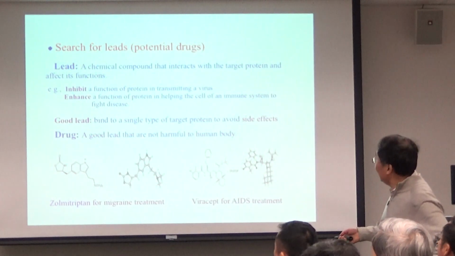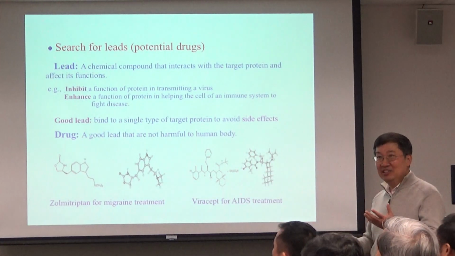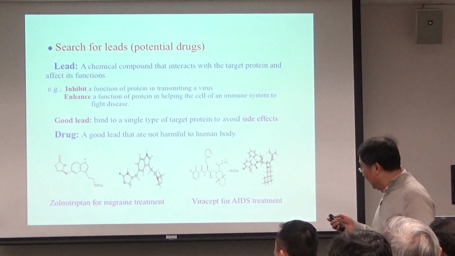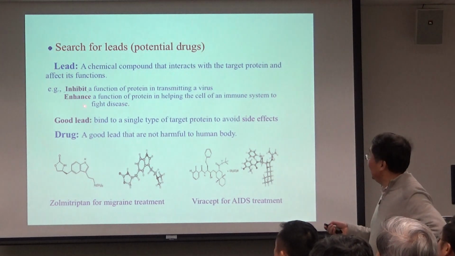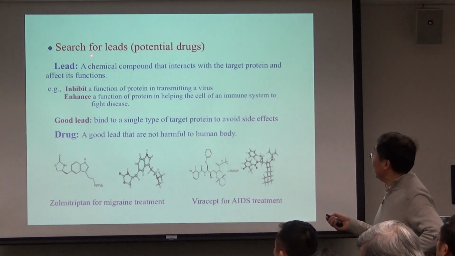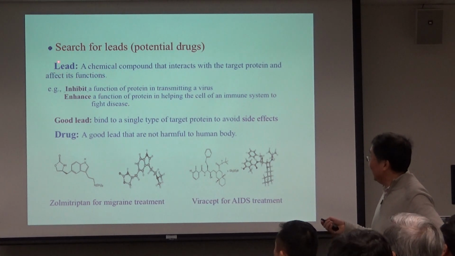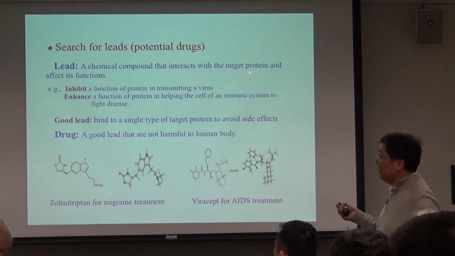Okay. So first, let me tell you a little bit about the drug designing problem. In drug designing, this is one step: we usually have to find potential drug leads. A lead is a chemical compound that can interact with the protein.